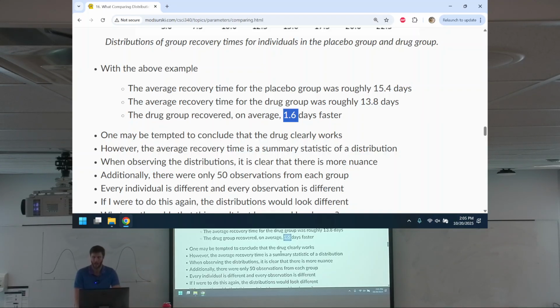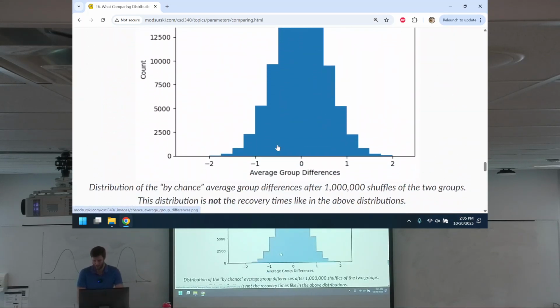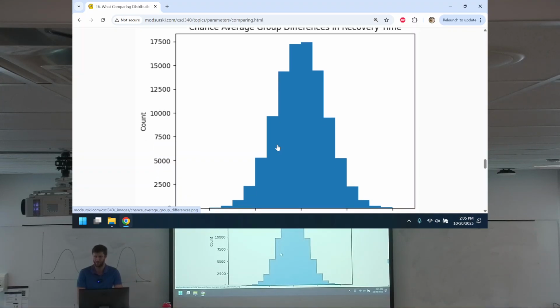So, if I have 1,000,000 shuffles, how many, listen carefully, this is what this is all about. How many of the dumb luck differences are just as good or better than what I actually observed?